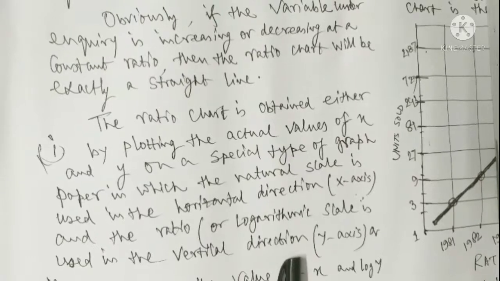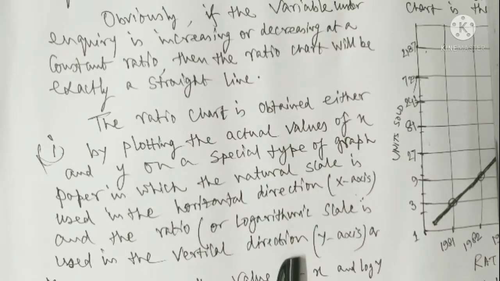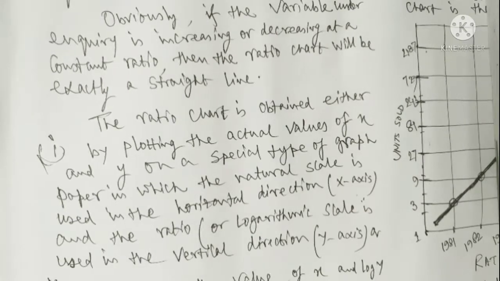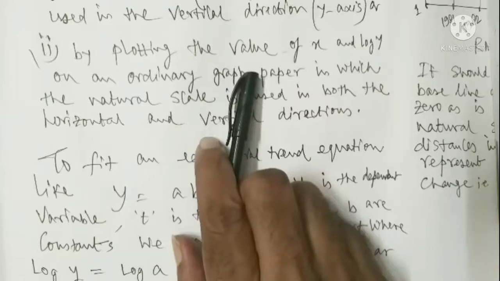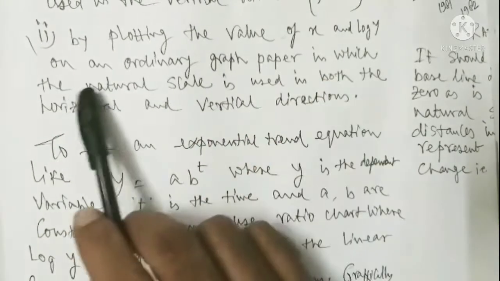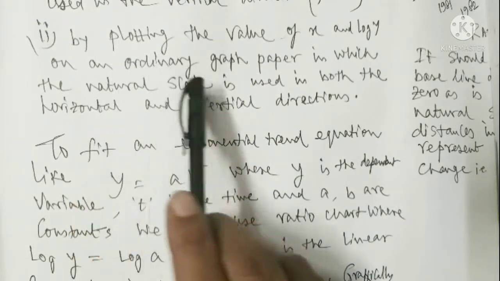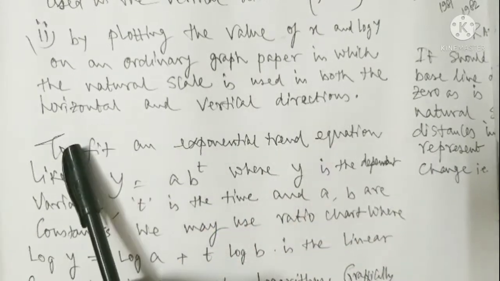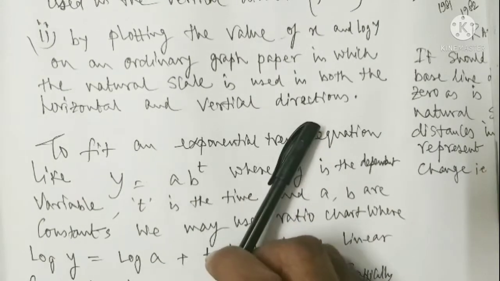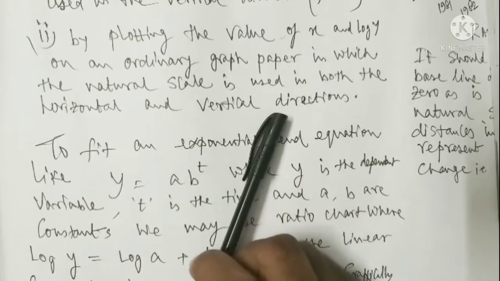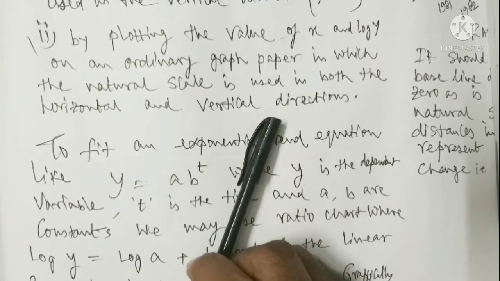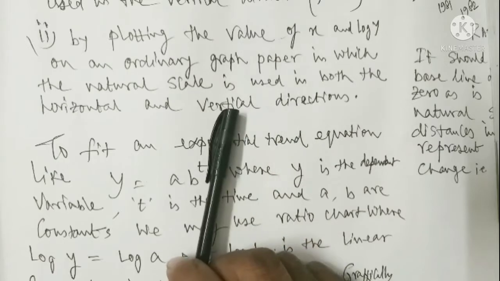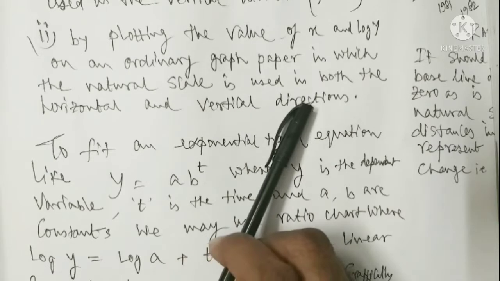That is, along x axis one scale, along y axis another scale. Or number 2, by plotting the values of x and log y on an ordinary graph paper in which the natural scale is used in both the horizontal and vertical directions. Graph paper is two dimensional. In one dimension we measure natural scale, and in the other dimension we measure logarithmic scale.